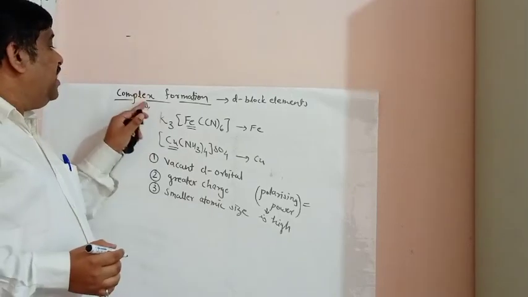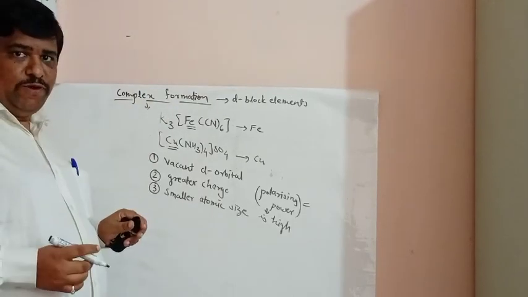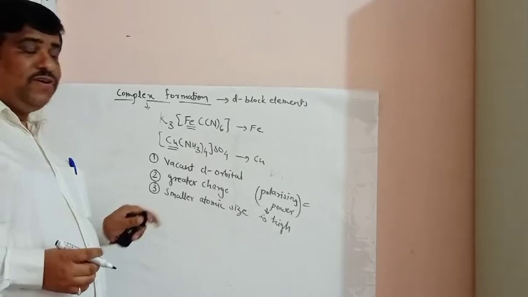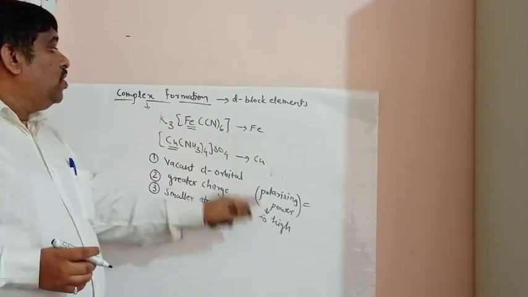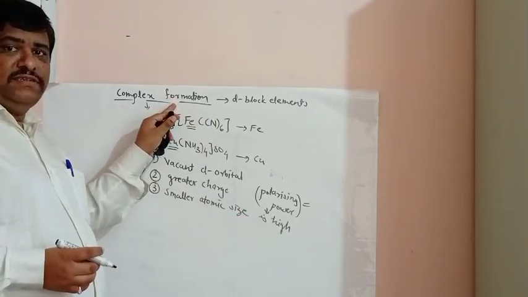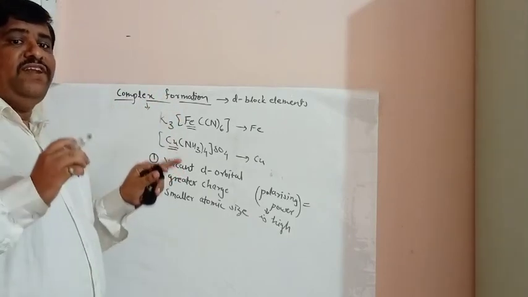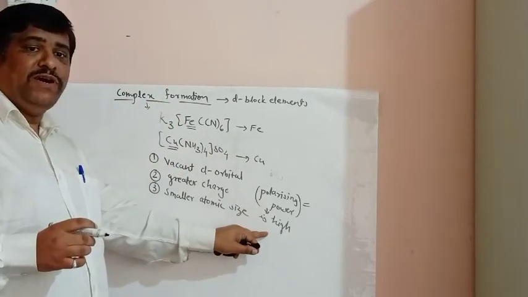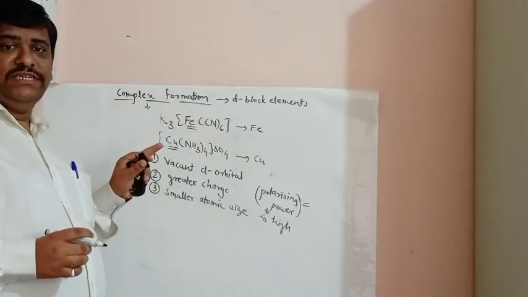Therefore, the d block elements give complex formation. Got it? So in terms of polarizing power, you can explain the complex formation. Any compound having higher polarizing power gives complex formation.